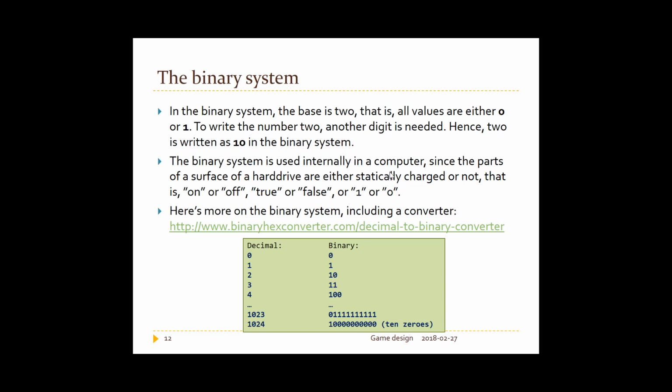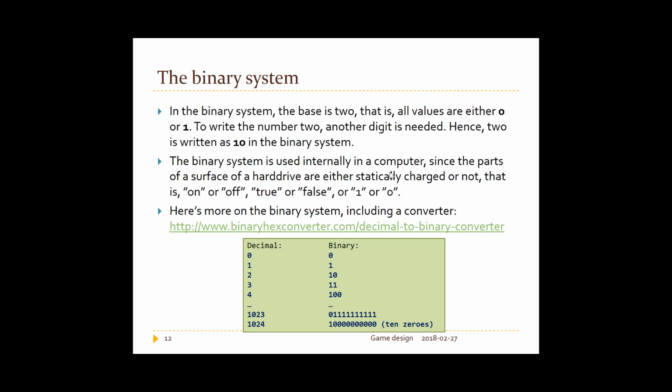Why is this of interest? Well, in a computer, everything is either true or false. You have a number of bits, and 8 bits make up a byte, and then you have kilobyte, megabyte, etc. So for each bit, it's either on or off, or true or false, or dead or alive, whatever you wish, or 1 or 0.